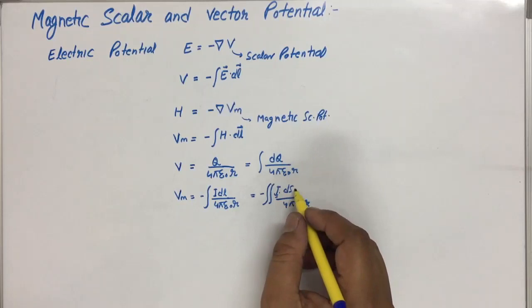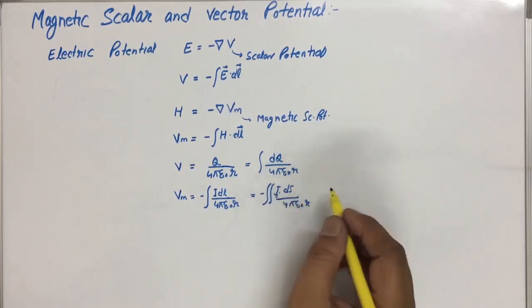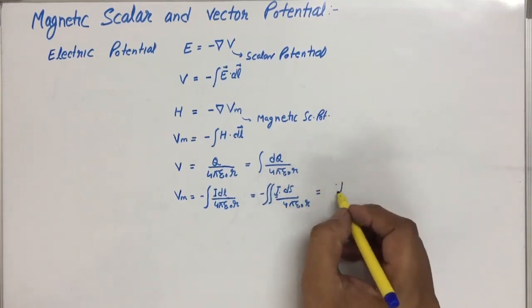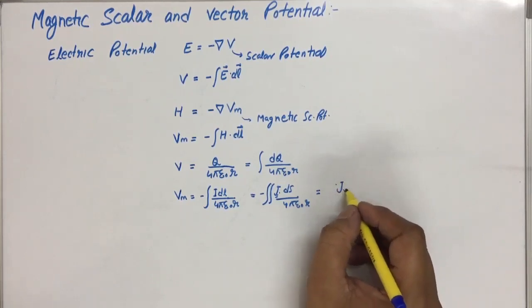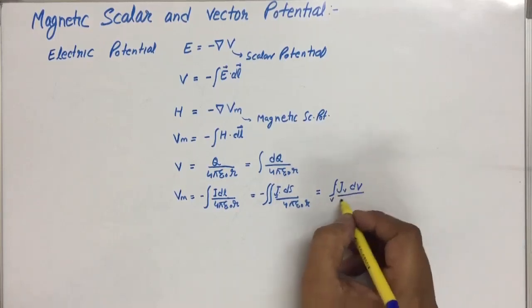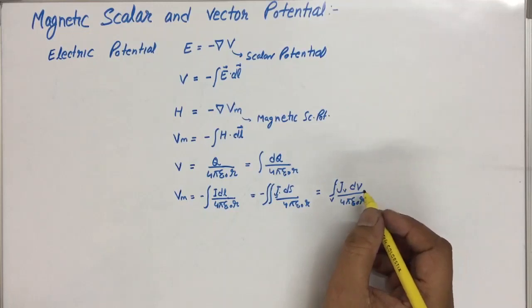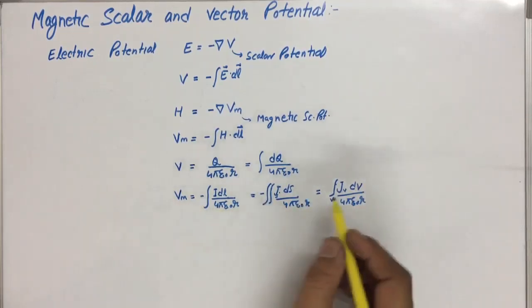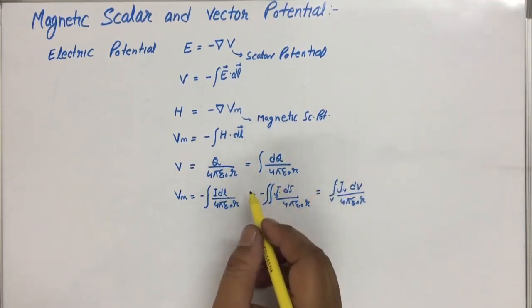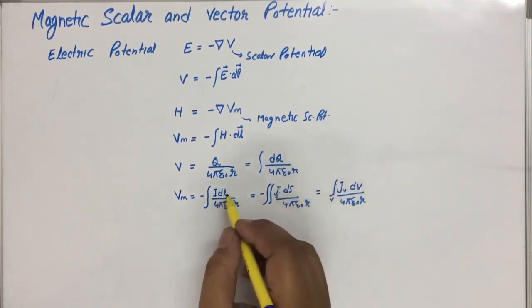According to the type of current available, we use the surface current. Similarly, for volume current, we have Jv dv for the volume integral over 4 pi r. So this is the magnetic potential. Instead of charge, here current is used.